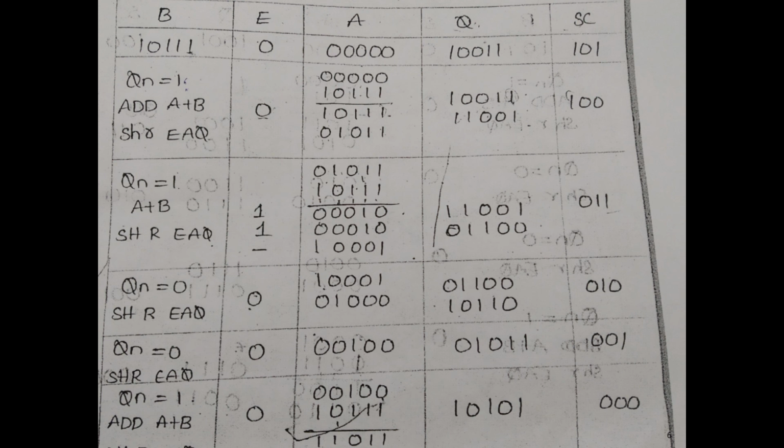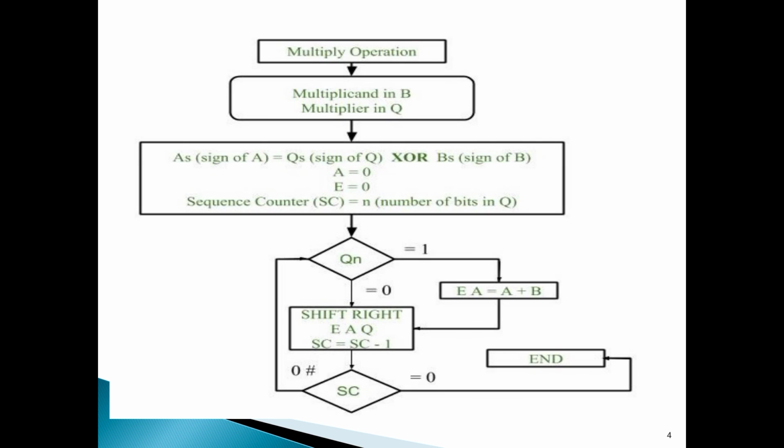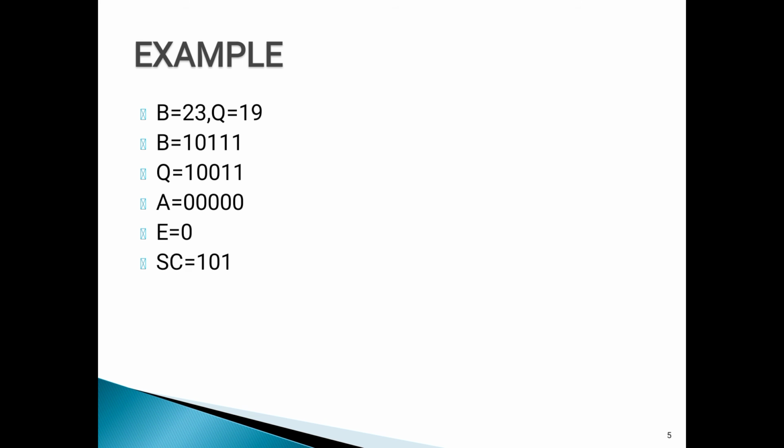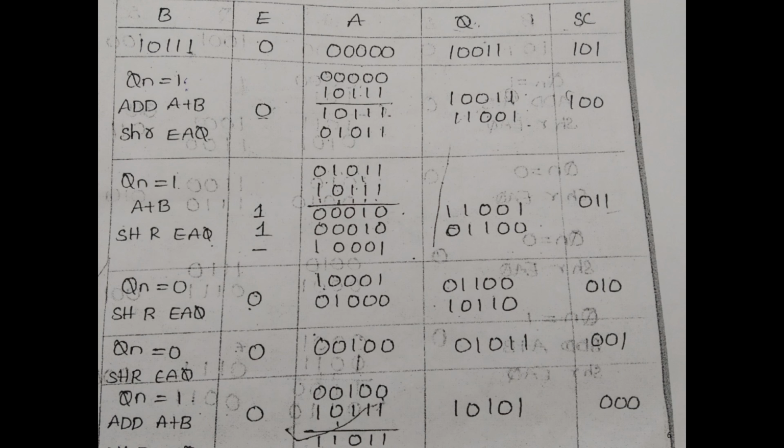To add this, 0 plus 1 is 1, 0 plus 1 is 1, 0 plus 1 is 1, 0 plus 0 is 0, and 0 plus 1 is 1. After adding A and B, what will you do? Perform the shift right operation for EAQ.